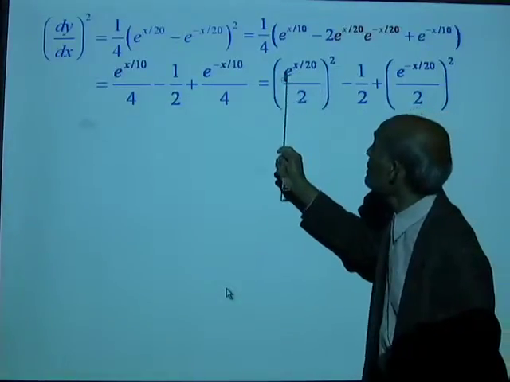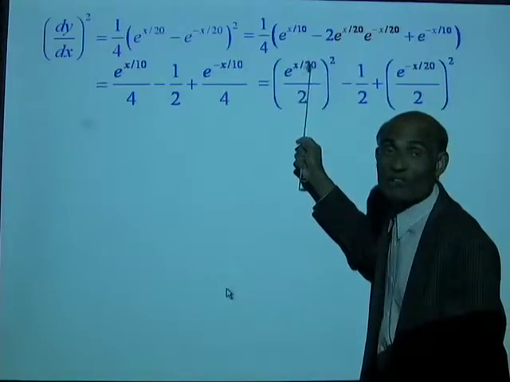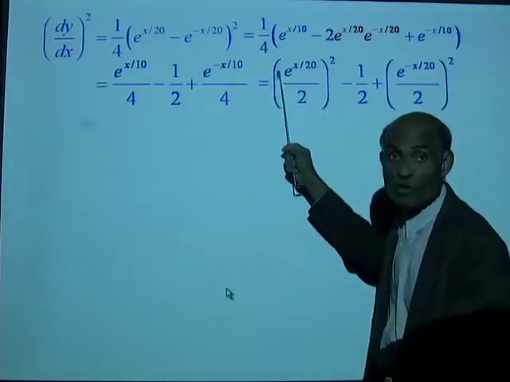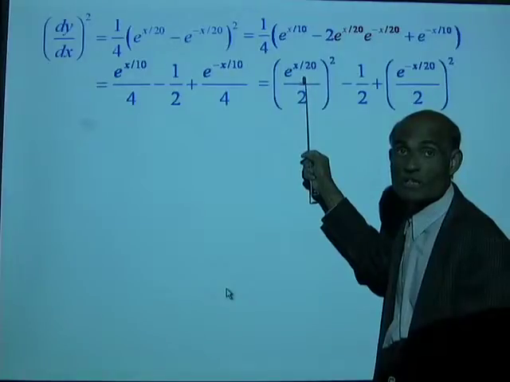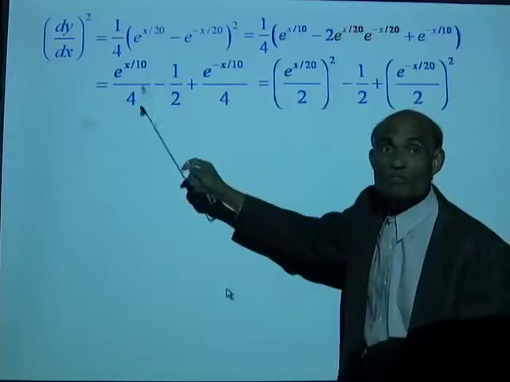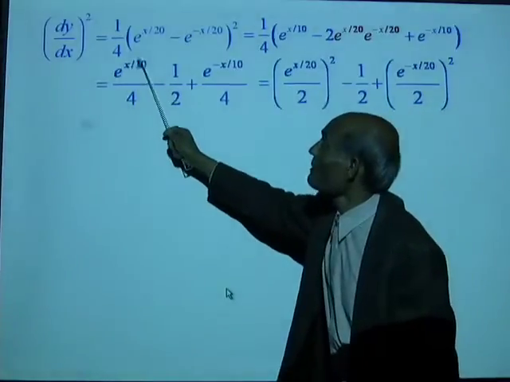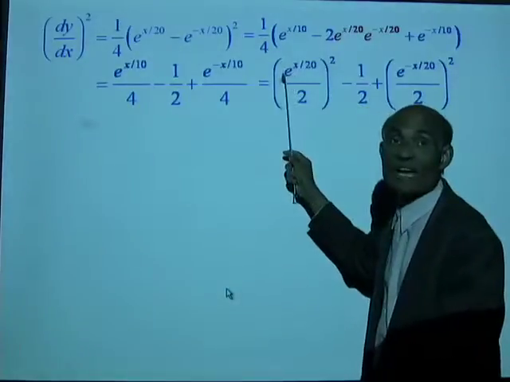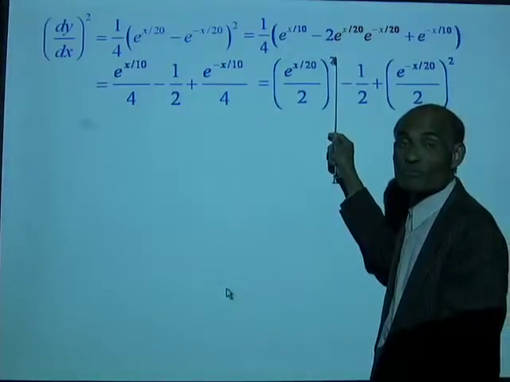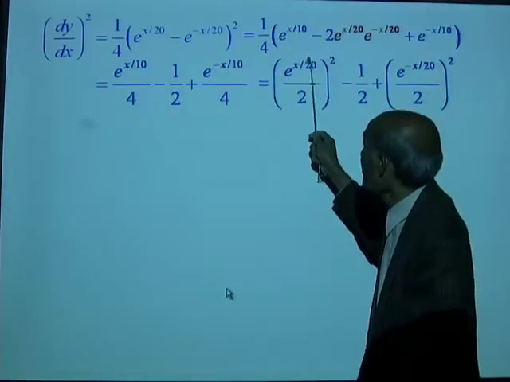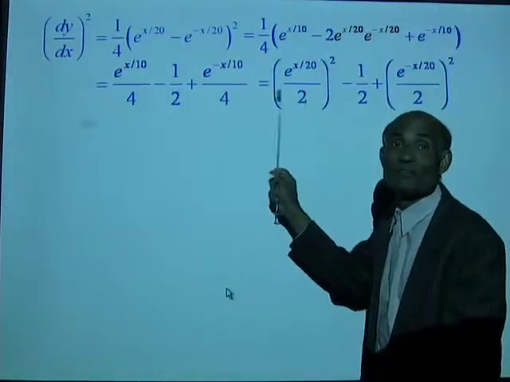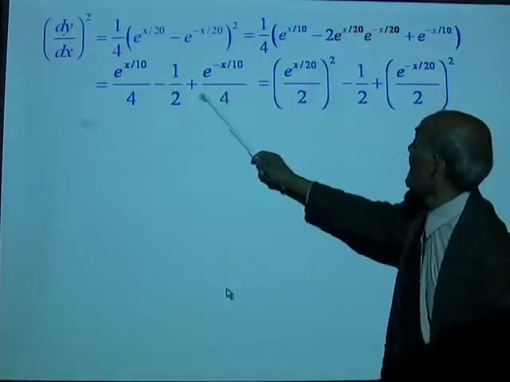Now, remember, if you take the square of e to the power of x over 20, it will be e to the power of x over 10. And the square of 2 is 4. So e to the power of x over 10 over 4 can be written as e to the power of x over 20 divided by 2, that quantity raised to the power of 2. Did you understand that? Because if you raise the numerator to the power of 2, you get this. 2 squared is 4. Alright, minus 1/2.